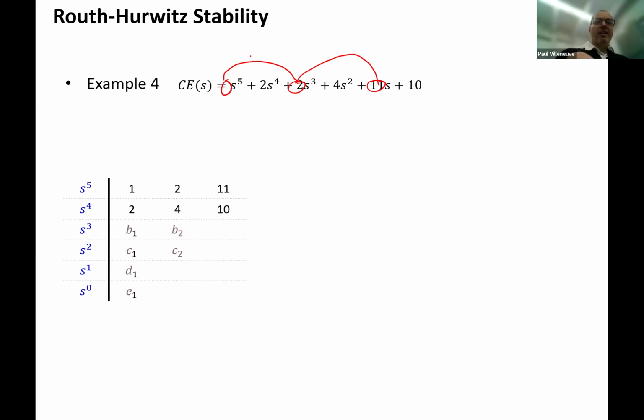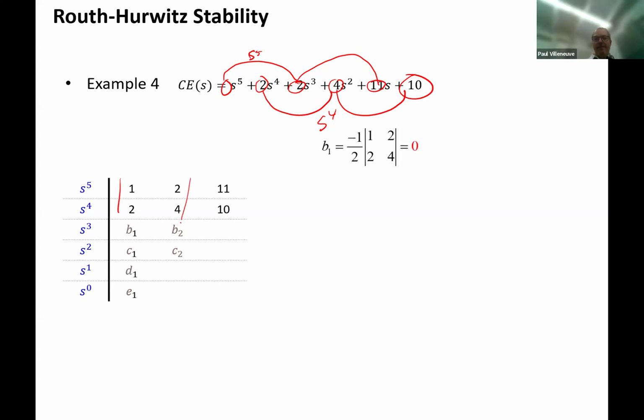So this is S5, and then S4. That Y kind of screams at you saying which terms are you going to use? And this is my S4 row. Now I've got to calculate B1 by doing the determinant there. Uh-oh, I end up with a 0 there.